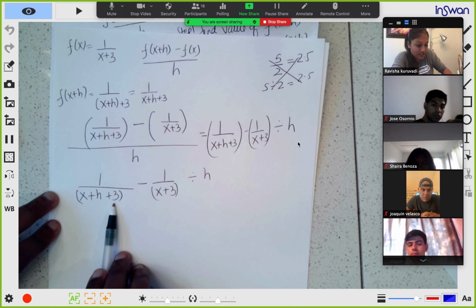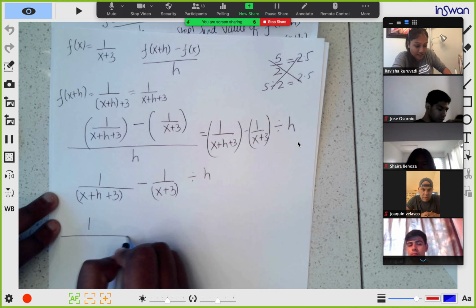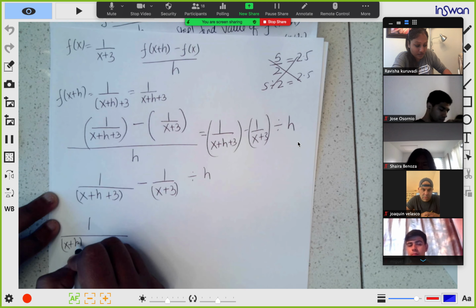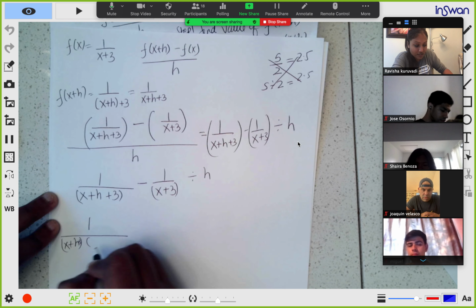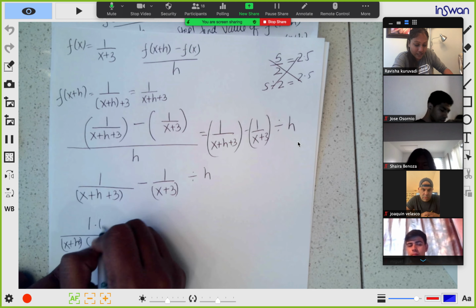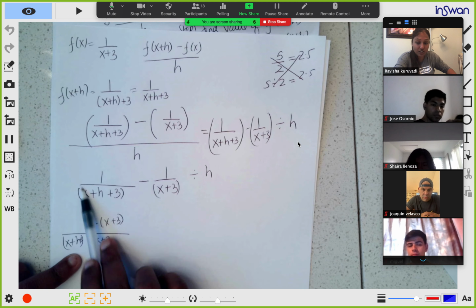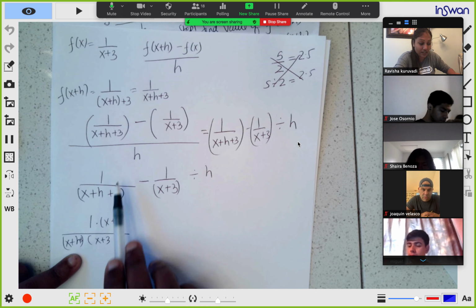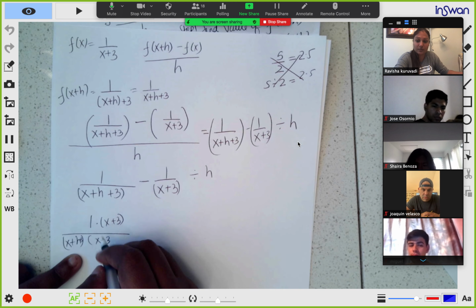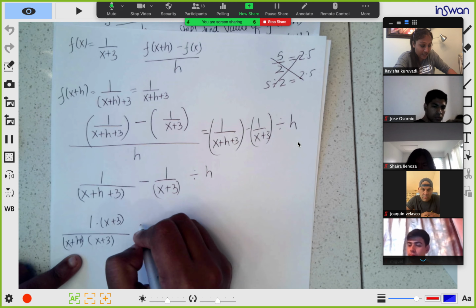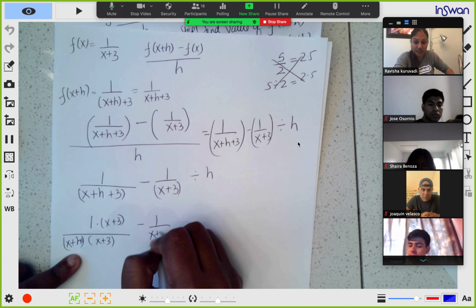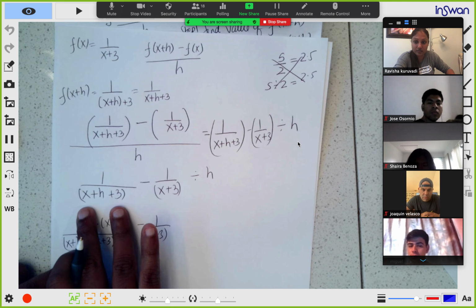So what I do is, for this side, I multiply both my numerator and denominator with x plus 3, because this side did not have x plus 3. So I am multiplying my numerator and denominator both with x plus 3. And in this side, I did not have this part, x plus h plus 3.